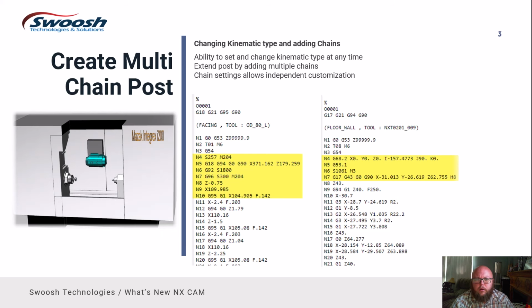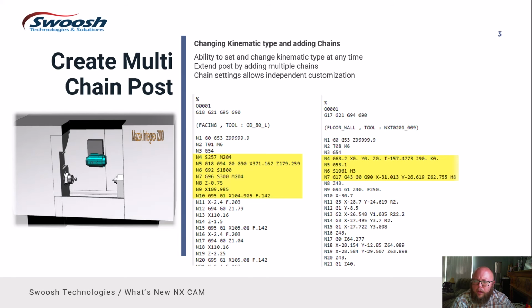Alright, so the first thing we're going to do is look at creating a multi-chain post. In this scenario, we're going to have a practice run at creating a post for a mill turn machine.